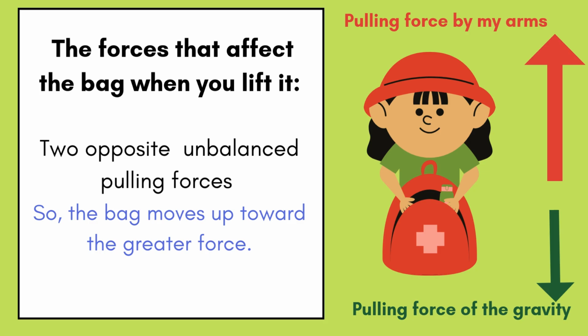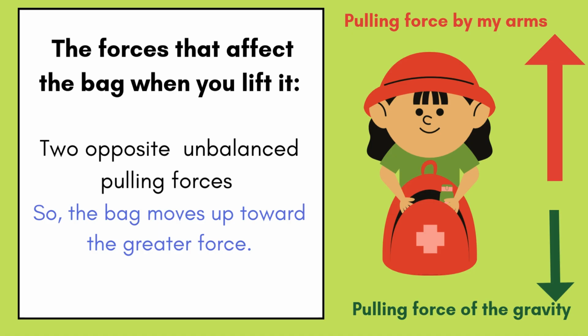So here we conclude that these two forces, the pulling force by the arms and the pulling force of the gravity, are unbalanced forces, and the bag moves up toward the greater force, which is the force applied by the girl's arm.